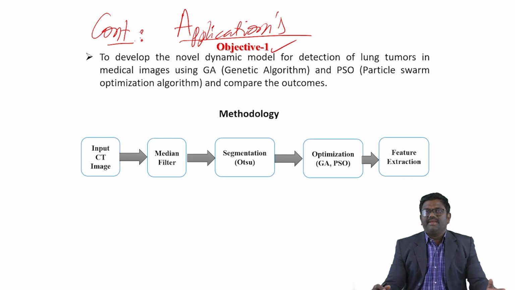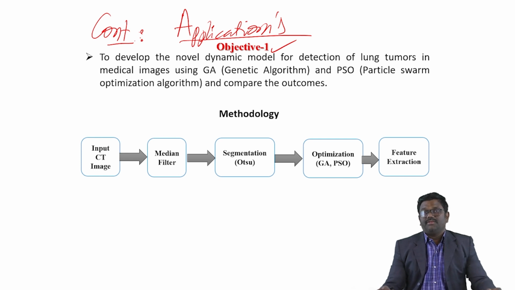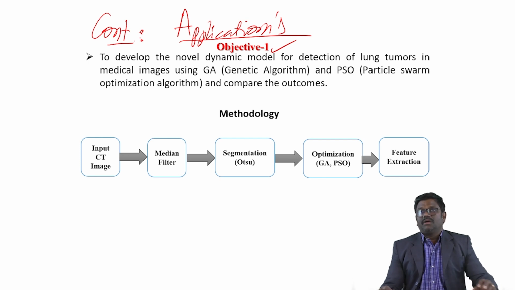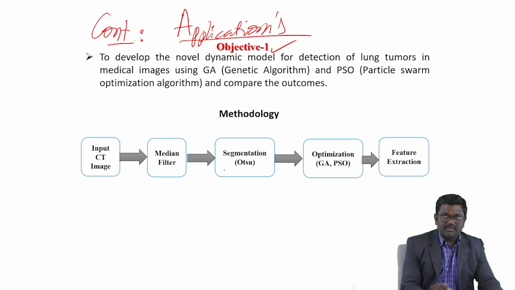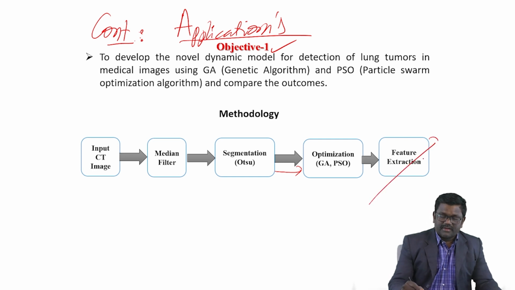What do you understand here? These two techniques, genetic algorithm and PSO, concentrate on the concept we discussed in terms of binary image processing. The binary image processing is completely handled with the help of these two techniques, with the segmentation output connected to the proposed methods, and then we extract the features.